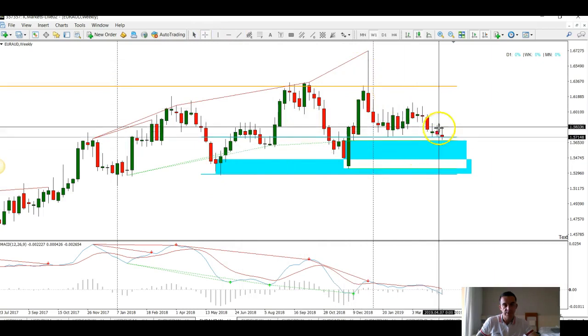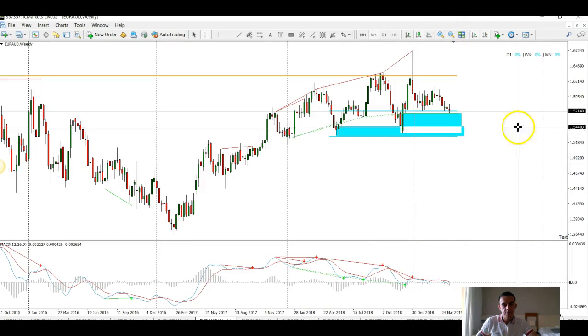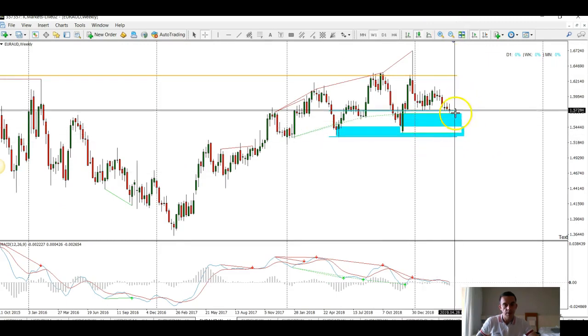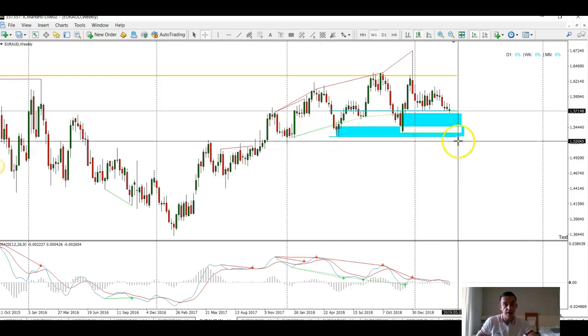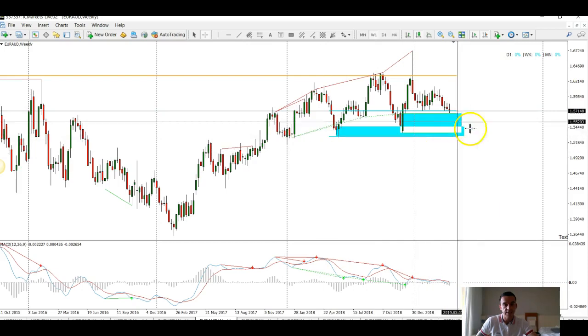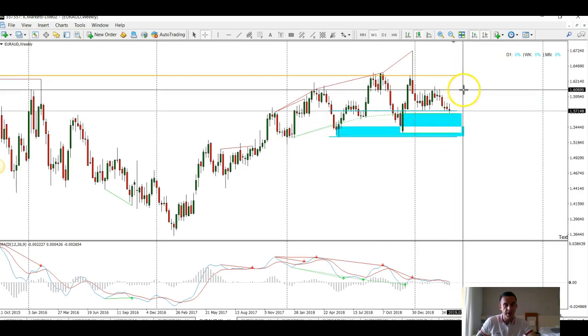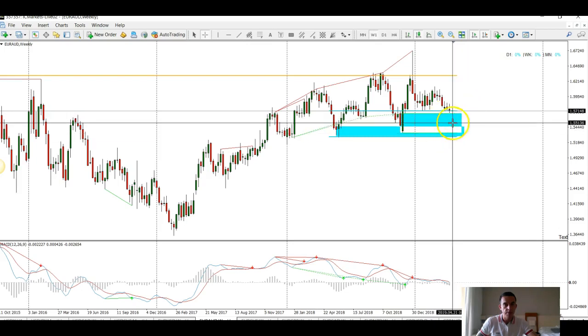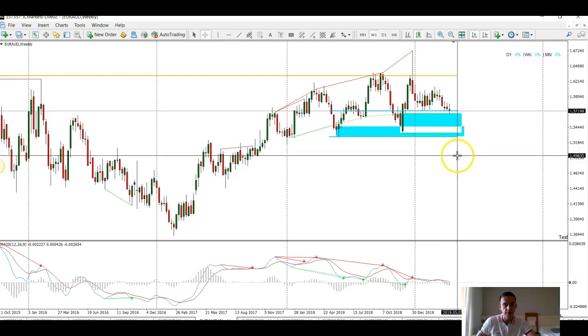They're just getting all their positions filled before they can actually push it down. Okay, so we'll not know till we get this next push up, or we could get a big push down to break this zone, then a move back up. So I'm just waiting for price action to confirm what's going to happen. I do think we are going to get another move back up. So I'll be looking to buy in down here with a stop loss below this area, stopping out down here.